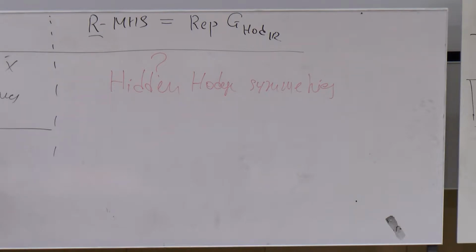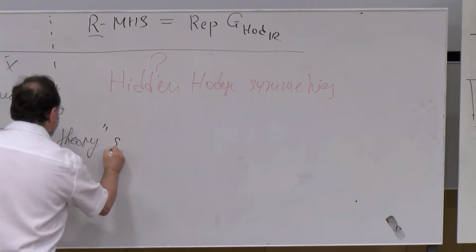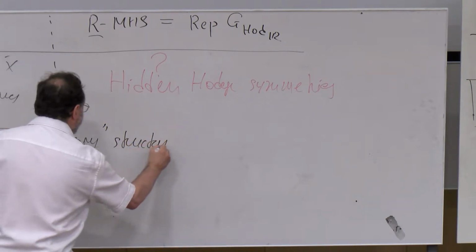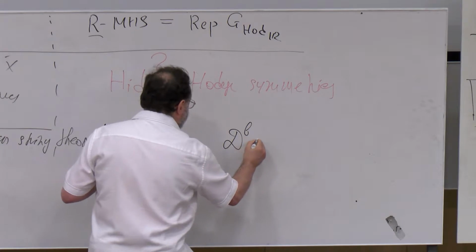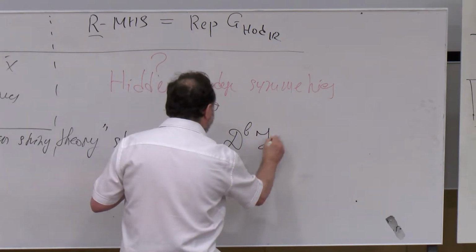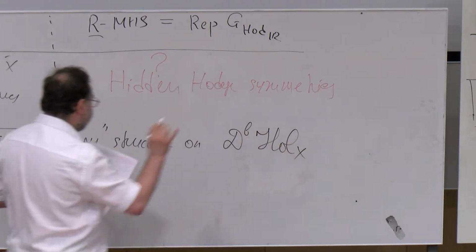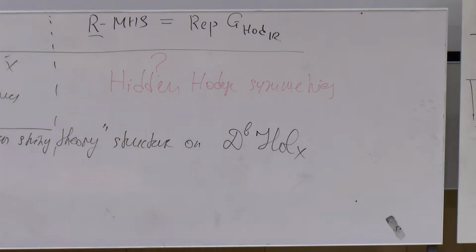You can call it open string theory structure on the category of holonomic D-modules. All holonomic D-modules, not only with regular singularities, all of them, with irregular singularities.